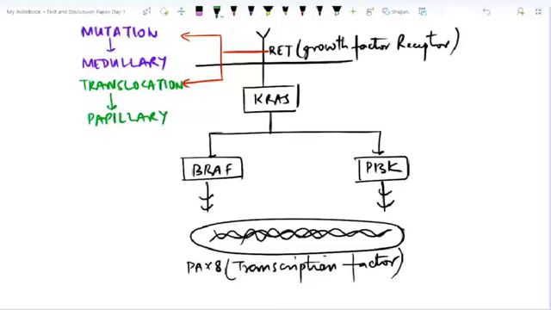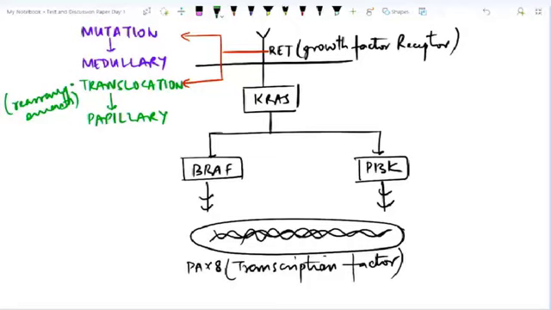So I hope these two terms are clear. Mutation is going to be a change in the sequence of DNA, whereas translocation is not a change in the sequence, it is a change in the location. So the problem is because of the neighbor, not so much because of what has gone wrong with the gene as such. So if I ask you where is translocation of RET, or rearrangement, that's another term we can use, rearrangement of this RET gene, that is also the same thing as translocation.